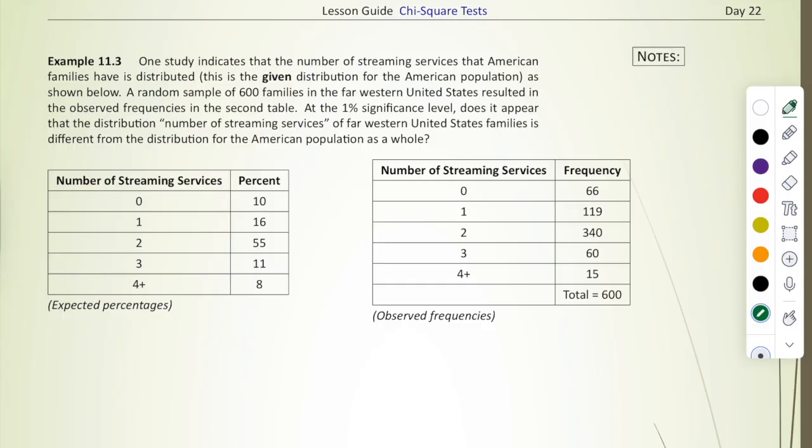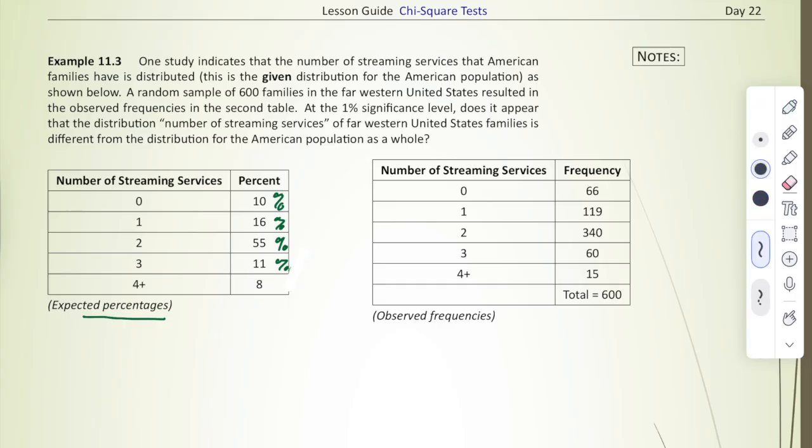Okay, so this right here represents an expected value. These are percentages, right? So that's 10%, 16%, 55%, 11%, and 8%. And notice that all adds up to 100%.